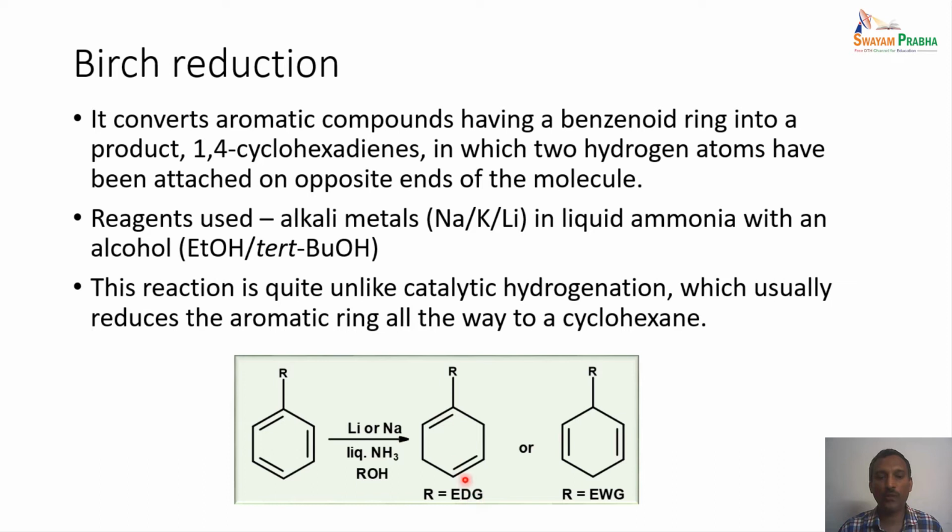When the R group is an electron donating group, the double bond is formed on the electron donating group, whereas if we have an electron withdrawing group, the double bond is actually away from the electron withdrawing group. This is how different types of products can be formed in the reduction of aromatic or benzenoid systems.